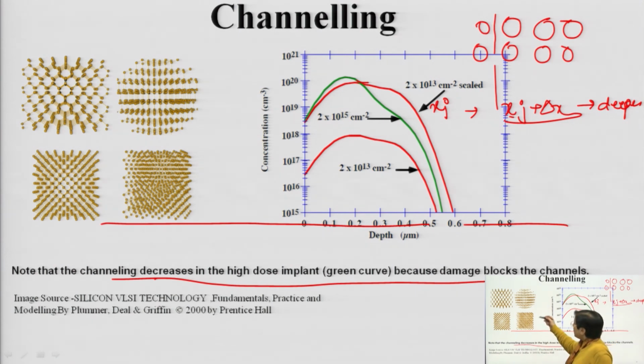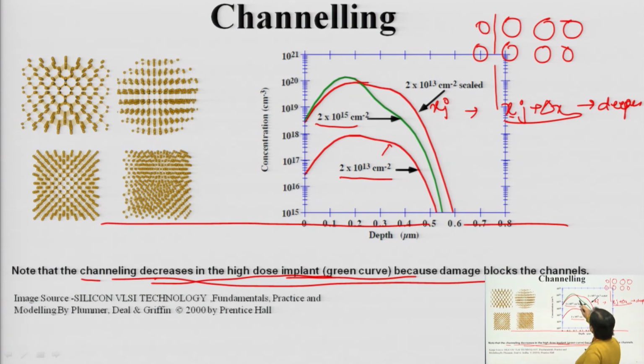You can have different impacts, as seen. This is the normal dosage, 2 raised to the power 13, and this is 2 raised to the power 15. Just see how channeling has changed the profile.